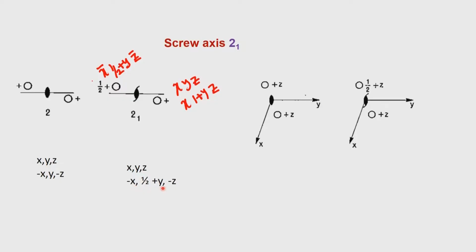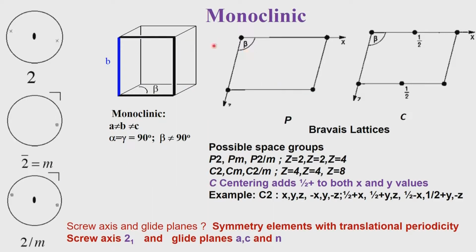And so we get the equivalent points x, y, z and x bar, half plus y, z in the case of the 2-1 axis, and this is how we describe the screw axis. This is the only possible additional symmetry element which can come in monoclinic systems. The monoclinic systems, as we saw before, have the two-fold, the 2 bar and the 2 by m symmetry, and therefore now 2 can have a 2-1 symmetry.